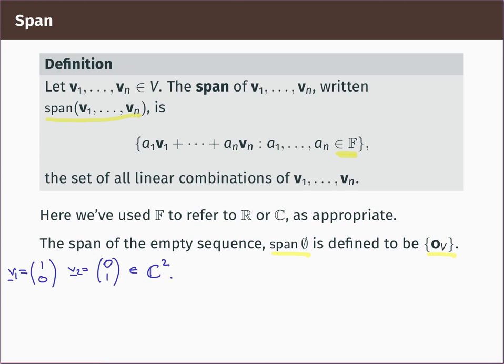So what is the span of v1 and v2? Well, the span of vector v1 and vector v2, by definition, is the set of all things x times v1 plus y times v2, where x and y here are complex numbers because we're thinking about a complex vector space.